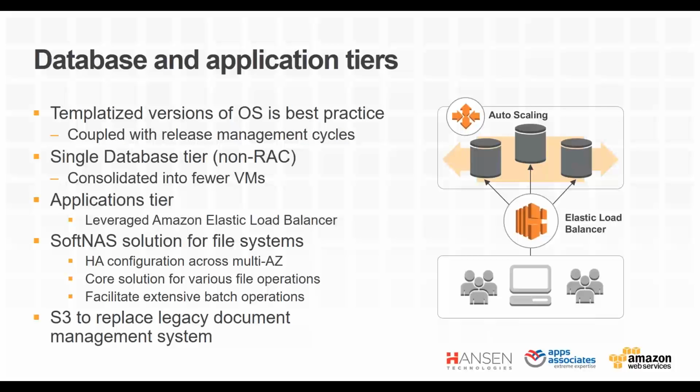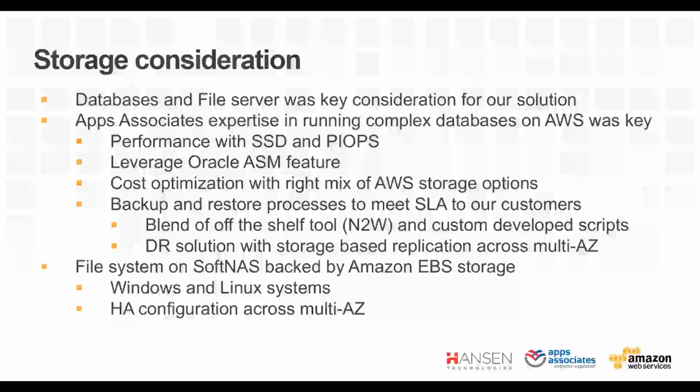So we also had a number of considerations around our storage solutions. As Drew mentioned, the performance with the disk and IOPS is very important. Drew and his team did a great job of helping us identify and size our infrastructure appropriately. We're leveraging Oracle ASM. We are continually evaluating our environment to optimize our cost with the right mix of options so that we are not overpaying, but we're getting what we need.